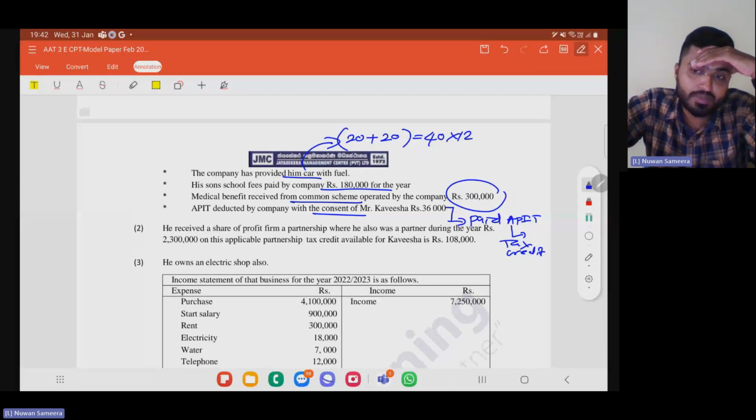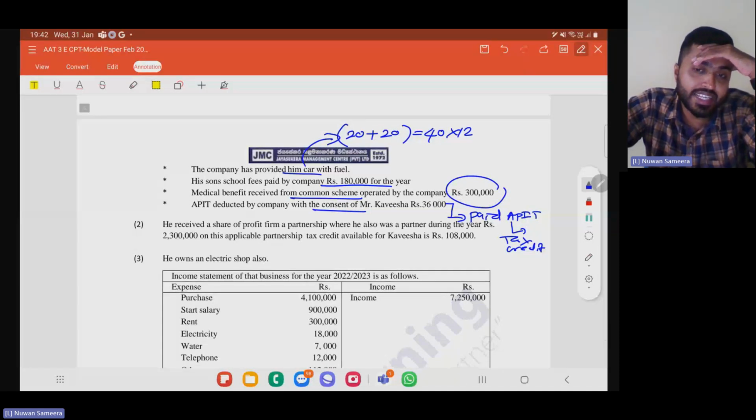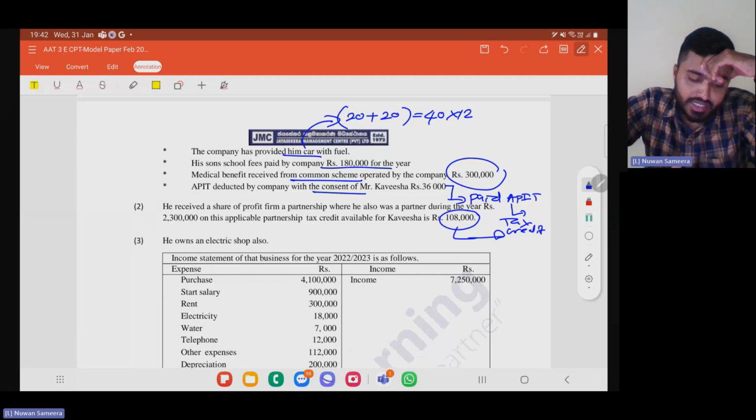I will not discuss that mechanism here because in recent years they do not test that kind of distribution among the partners. They just ask to calculate the tax liability of the particular partnership. However, the tax credit available for Kavish from the partnership is 108. This 108 is also a tax credit. So this is the partnership, and the share of profit is 2.3.